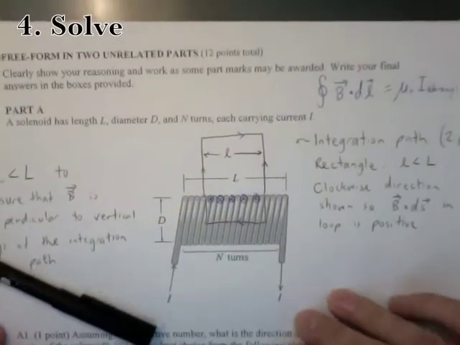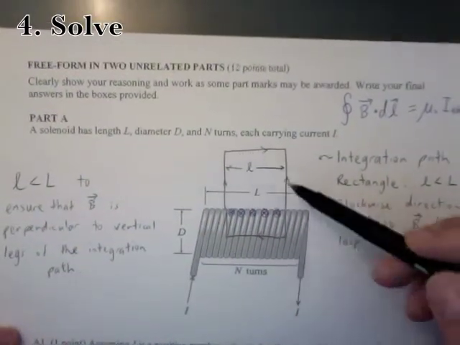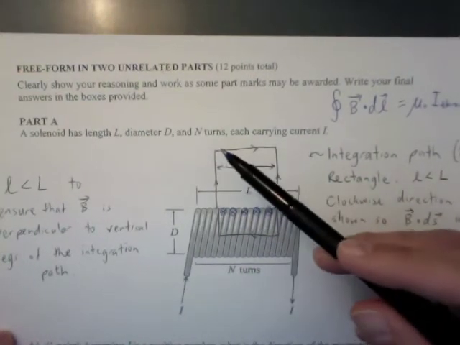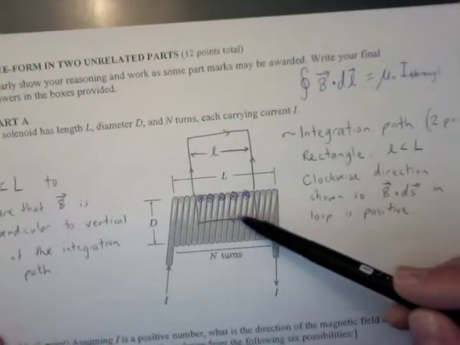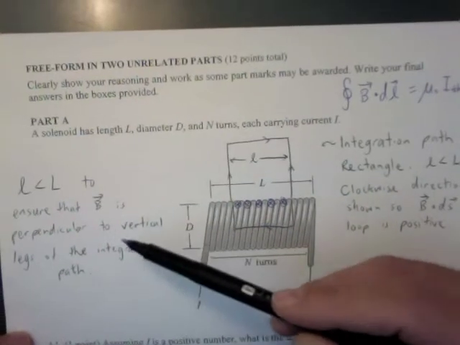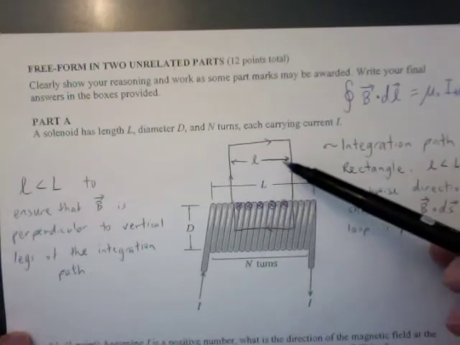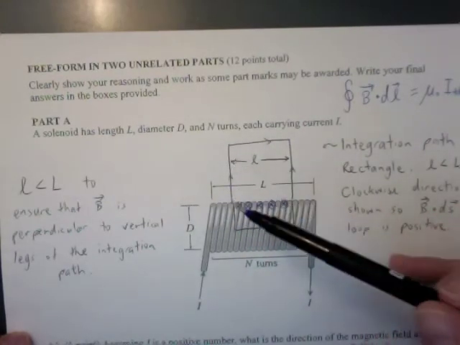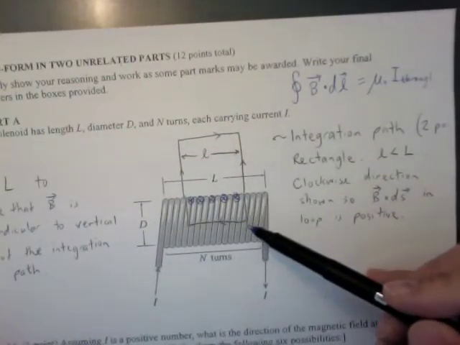Another way is to set up a loop, an integration path for Ampere's law. And we have here that the path has a magnetic field inside the solenoid. It's going parallel or anti-parallel to a magnetic field, and then it goes perpendicular to a magnetic field on these parts of the path, and way out here you have zero magnetic field because you're far from the solenoid.